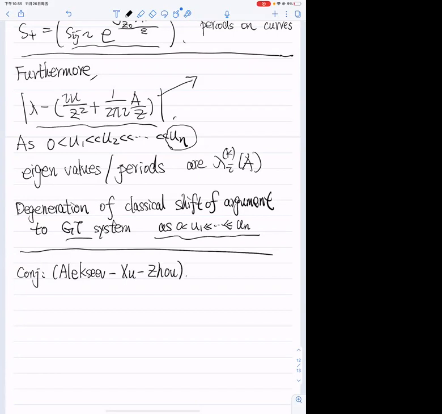And this also has a quantum version, which corresponds to eigenbasis vectors of quantum shift of argument subalgebras, for generic U and A.